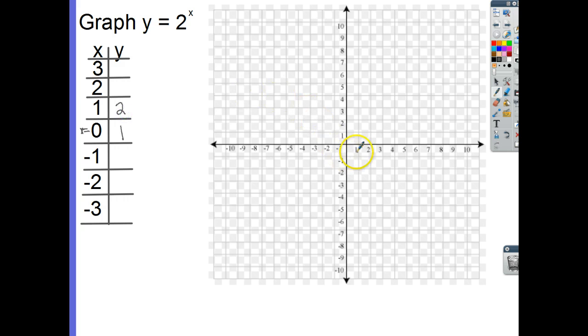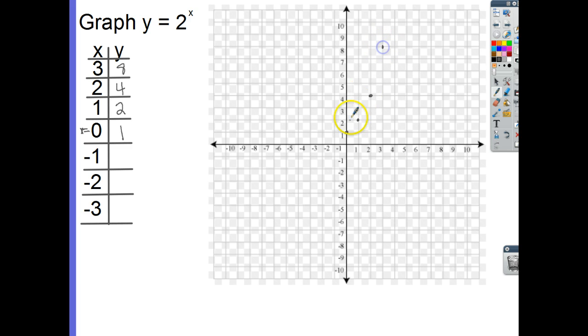Now let's graph these as we go. We have the point (0, 1) on our graph, so I'm going to put a point there. And we have the point (1, 2) on our graph. That's that point there. Let's put 2 in. 2 squared is 4, so the point (2, 4) is on the graph. And if we put 3 in for x, we get 2 to the third, which is 8. And we have the point (3, 8) on our graph.